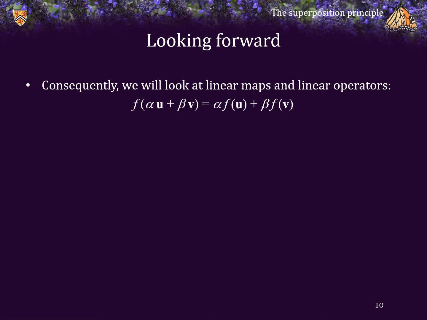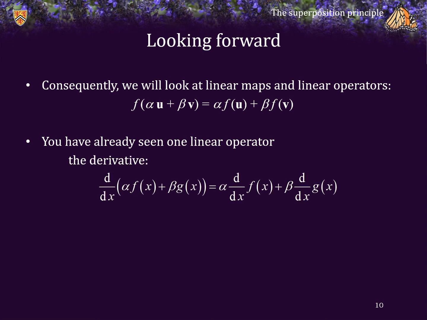Now, interestingly enough, you've already seen one of these. You've been working with it for 2 months now. In fact, if you saw it in high school, you've been working with it even longer. The derivative. The derivative of a linear combination of functions is that same linear combination of the derivative applied to each of the functions.